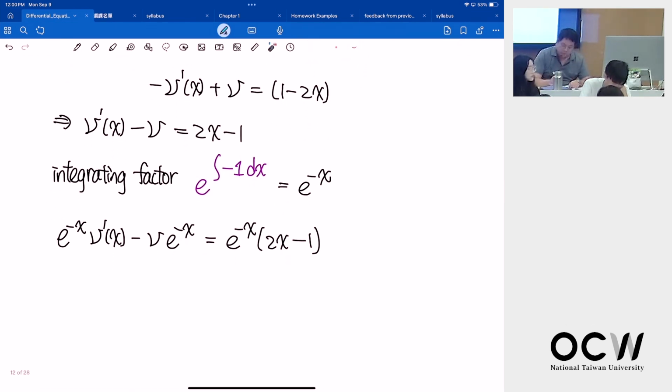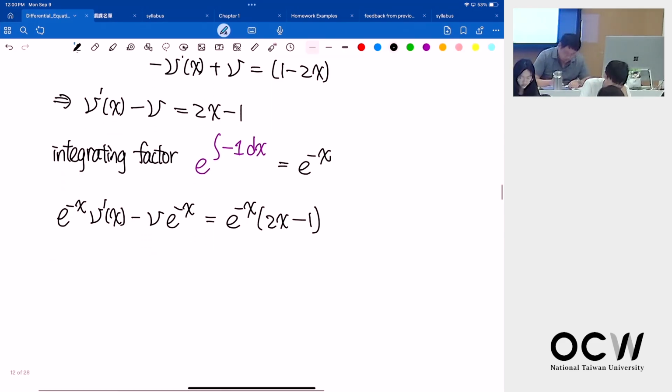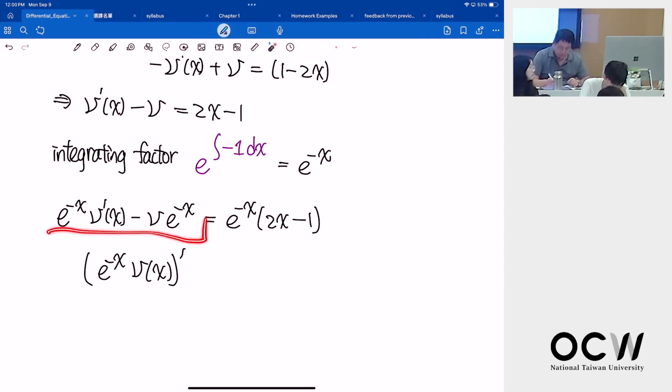Remember that using the integrating factor, I can combine these two because of the chain rule. So e to the minus x mu of x. Overall, if I take the derivative, by chain rule, we'll have 2 terms.